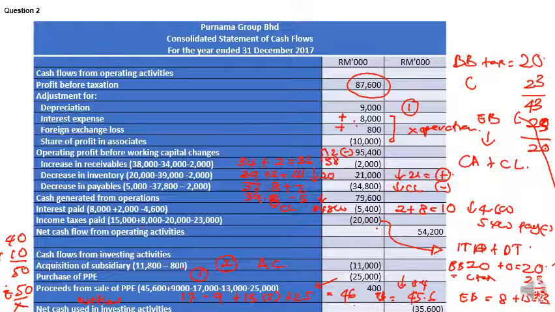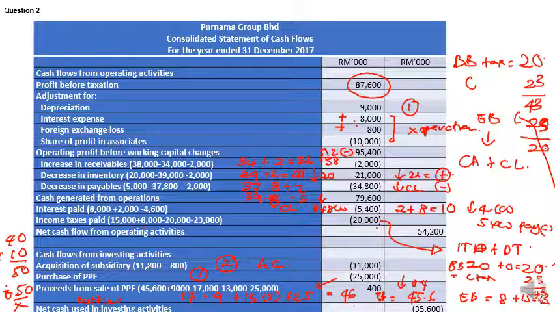Let me calculate that one. 17 plus 13 is 30, plus 25 is 55, minus 9, so you have 46.